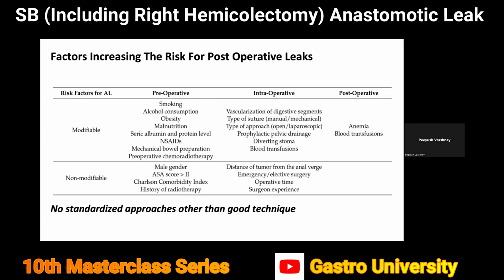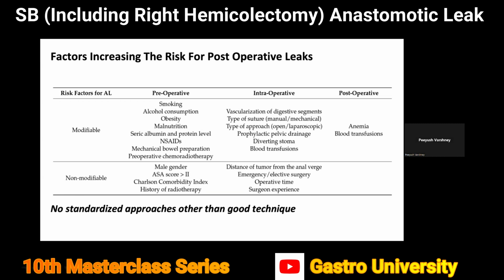Intraoperative factors include vascularity of the bowel, type of suture material used, type of anastomosis, stapled or sutured, type of approach, whether a diverting stoma is used, or how many blood transfusions are given intraoperatively. Non-modifiable factors are also there, such as sex, comorbidity index, prior radiotherapy, or the location of the tumor.